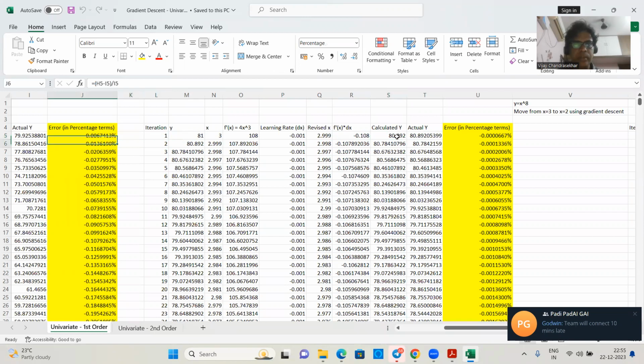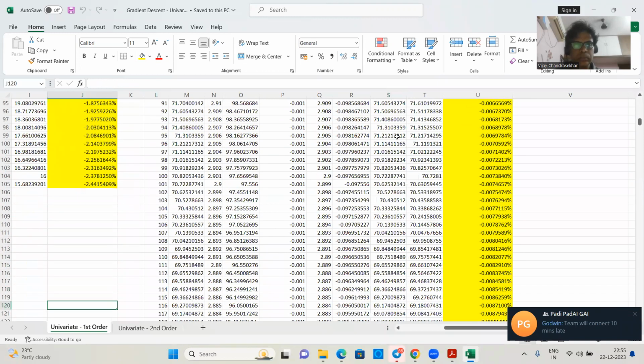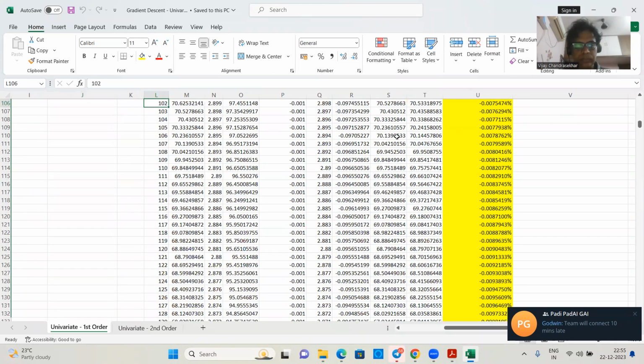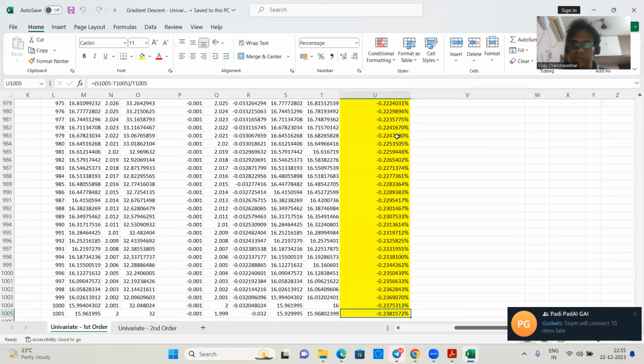So if you look at this, here I reached this point and the error was negative 2.44%, right? You see the error here? I reached the same point, which means x is equal to 2, but the error now is negative 0.238%.